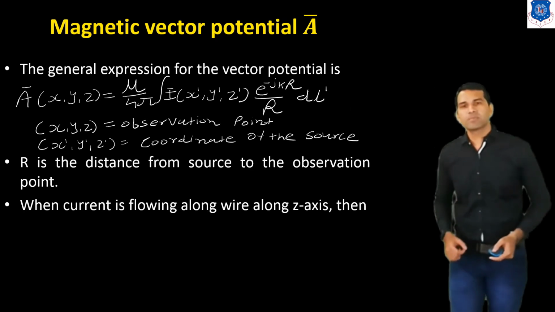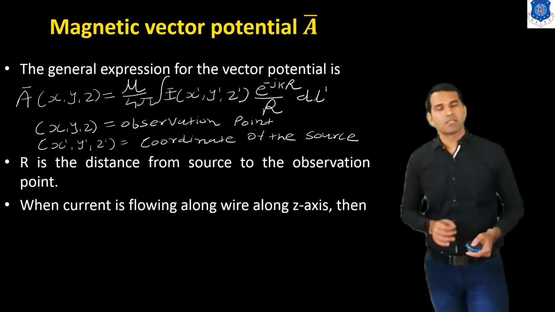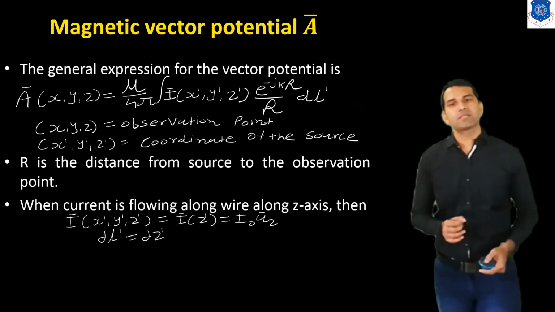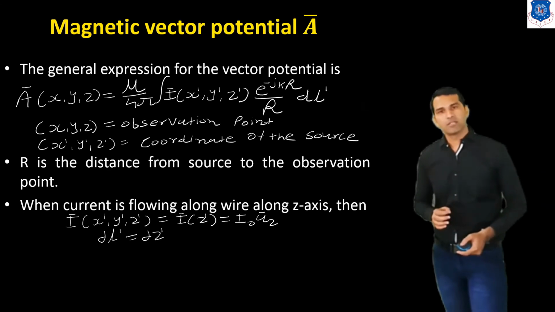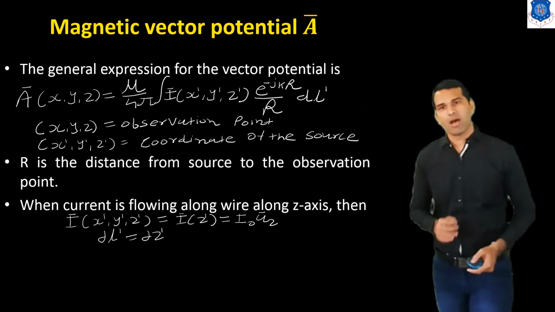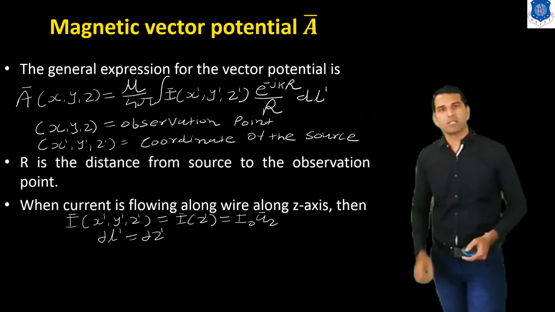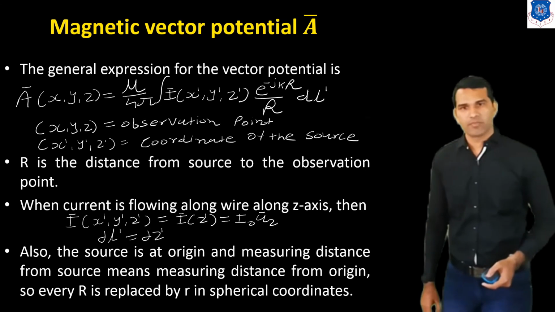When the current is flowing along the wire along the z-axis, we can write I(x', y', z') as I z' a_z bar. Since the current is flowing in the z direction, dl' is dz'.